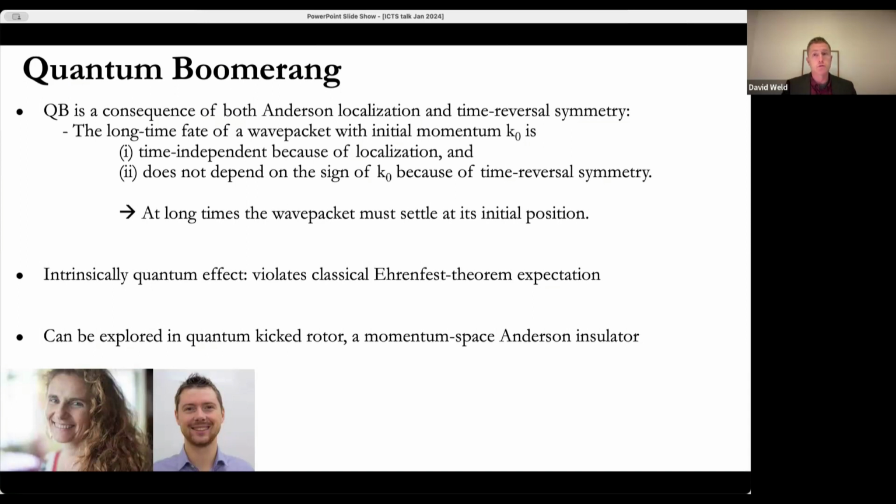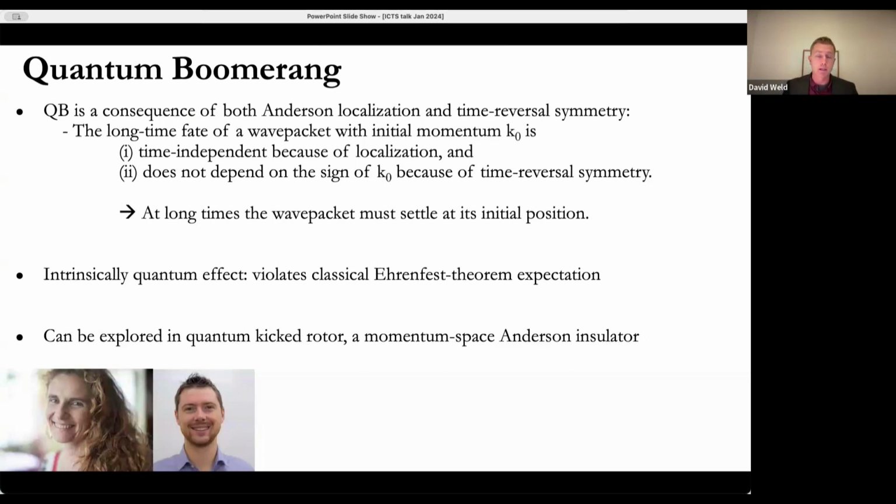Actually, just those two facts force you to conclude that at long times, the average position of the wave packet must come back to zero, to the original position. And this, as I argued a minute ago, is really an intrinsically quantum mechanical effect. It violates your classical Ehrenfest theorem expectation of what the expectation value of the momentum should do.